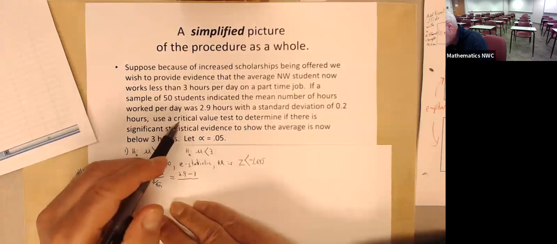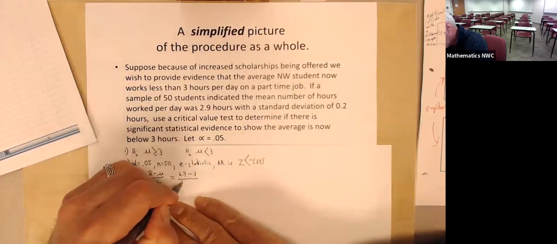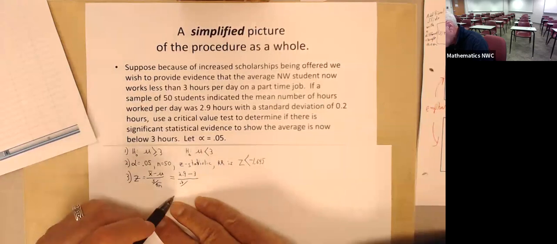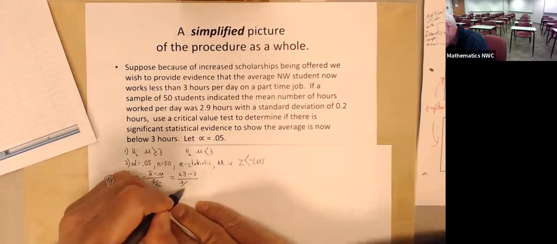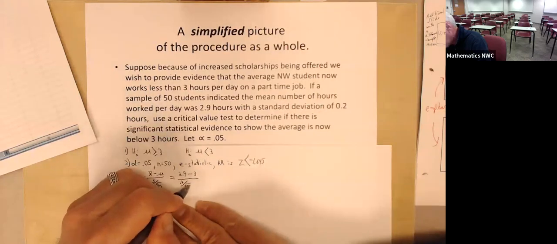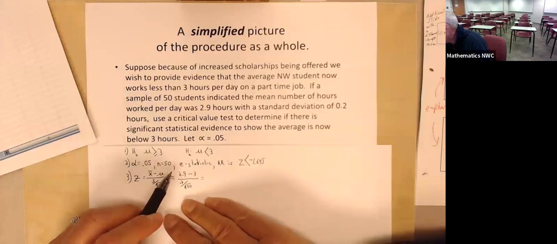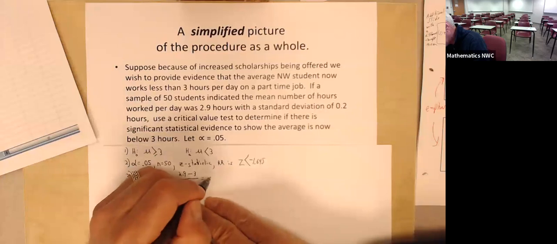Standard deviation is 0.2 divided by the square root of my sample size, which is the square root of 50. We would need to calculate that out. And if I do, it turns out to be a negative 3.54.